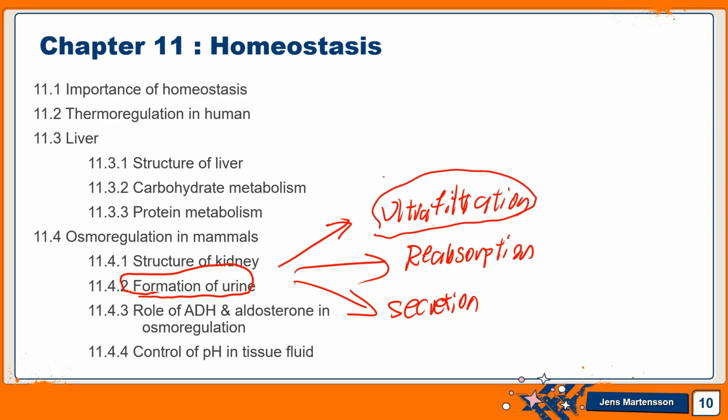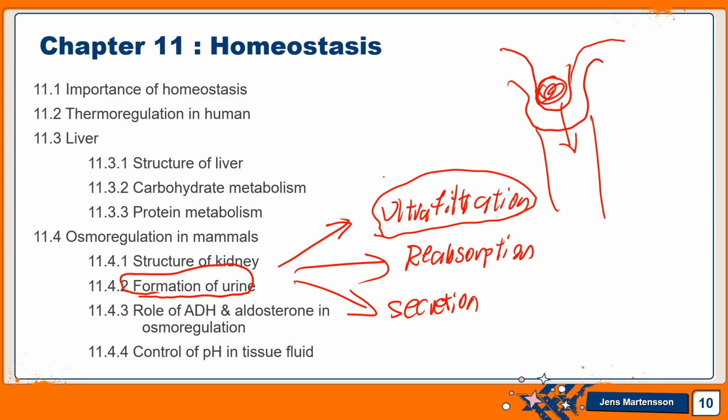Ultrafiltration: in SPM you just know what substances are filtered and where they are filtered. You only know the glomerulus, right? You only know that the components filtered from the fluid will flow into the kidney tubule.